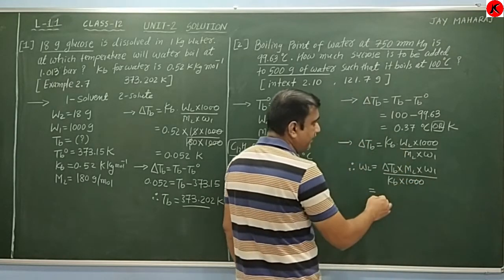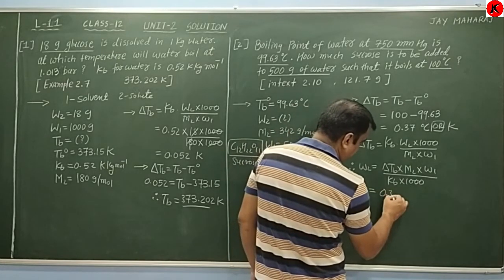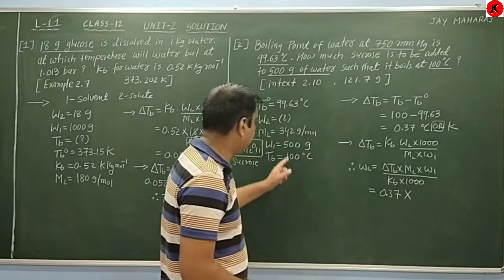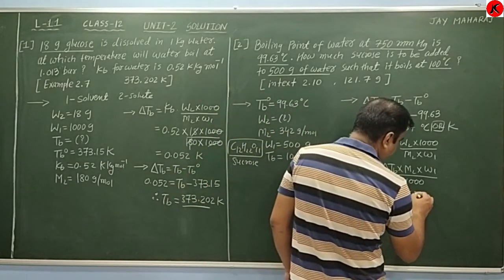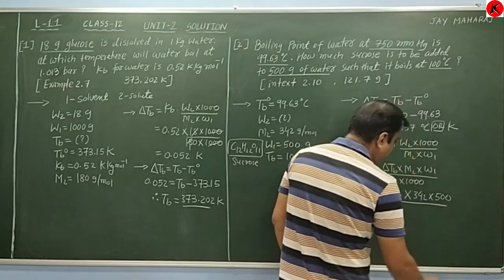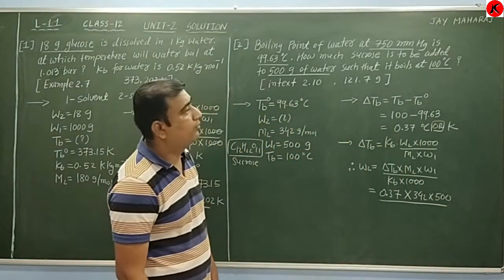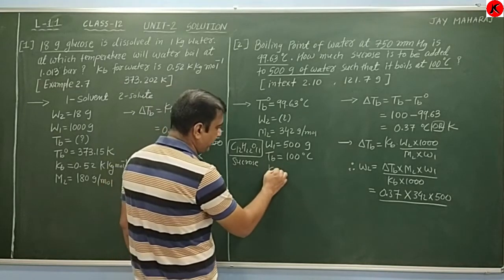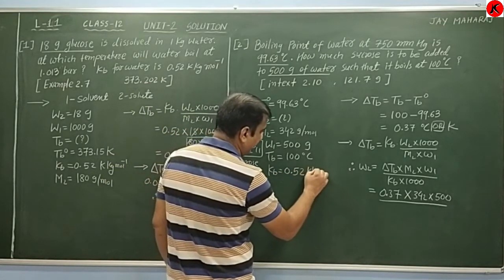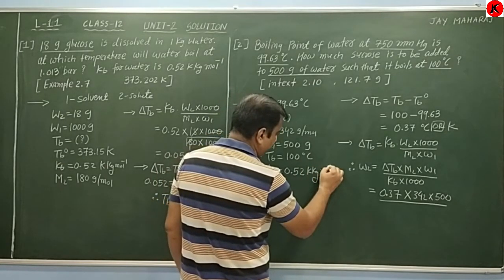Delta Tb is 0.37, M2 molar mass is 342, W1 is 500 gram. Now Kb: solvent is water, and for water we know very well Kb equal to 0.52 Kelvin kilogram mole inverse.